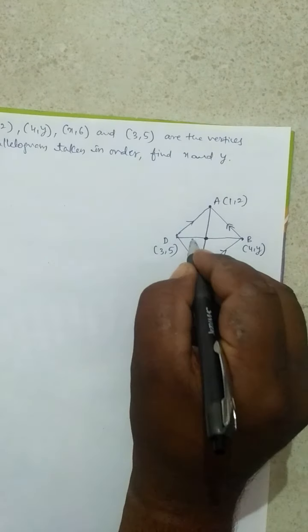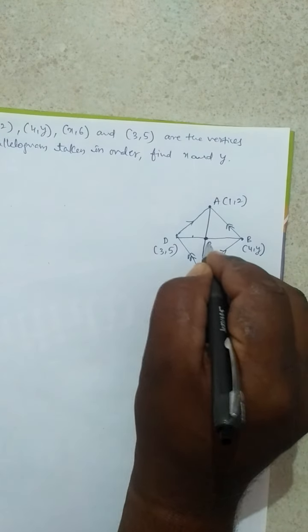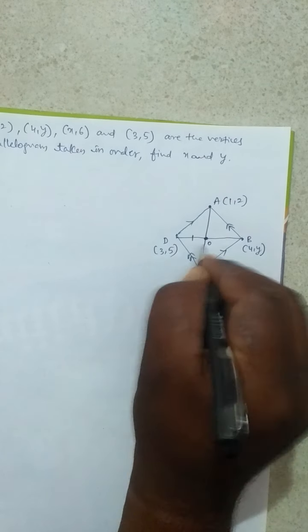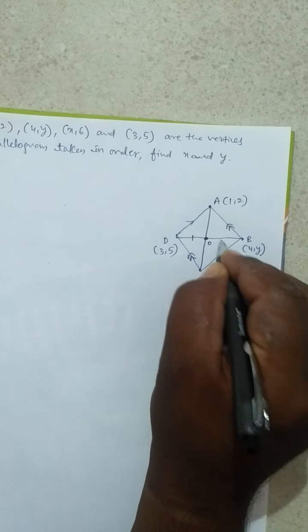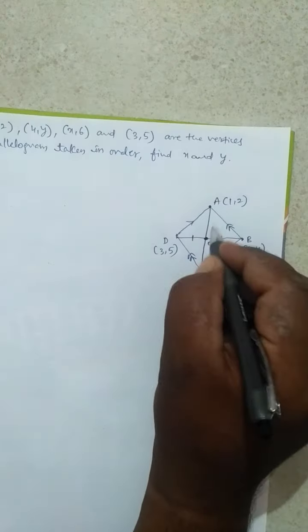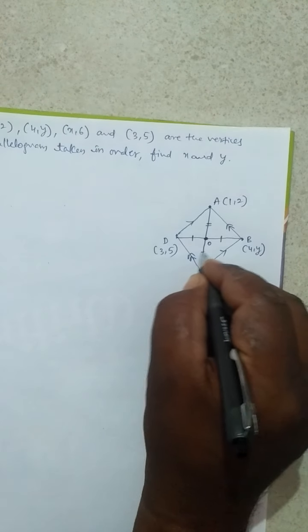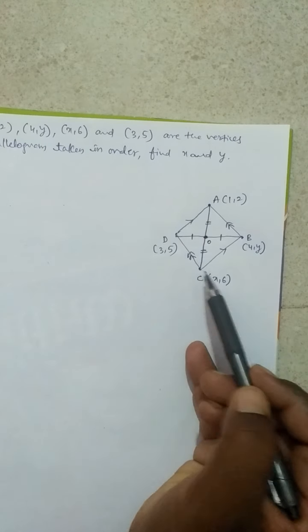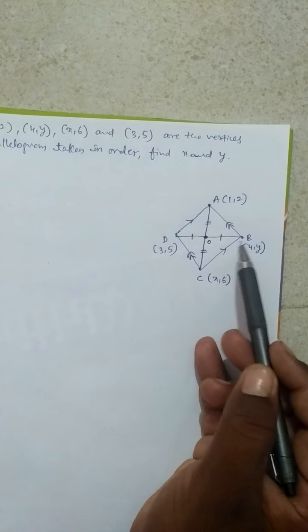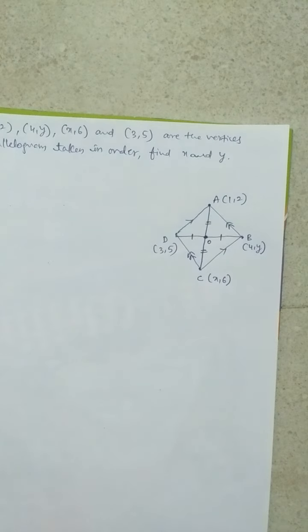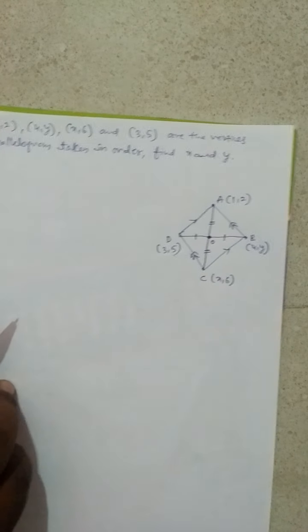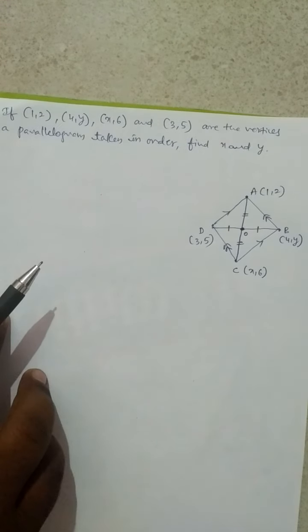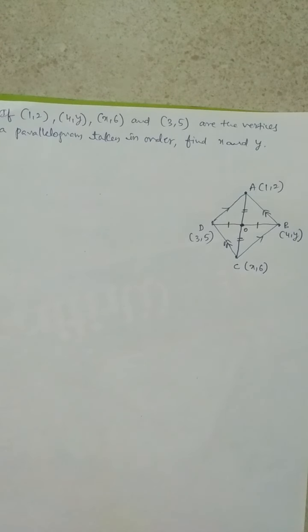Bisect means here if it is O, then DO is the same as OB, and AO is the same as OC. So midpoint of AC is the same as midpoint of BD. This is our conclusion. So by using this condition, we have to simplify this problem.